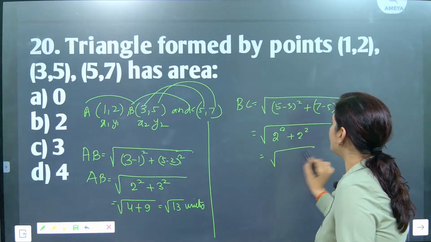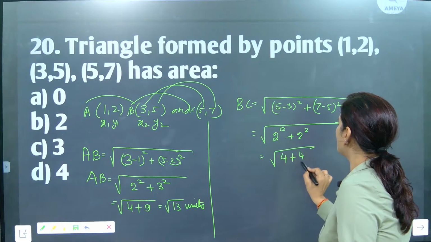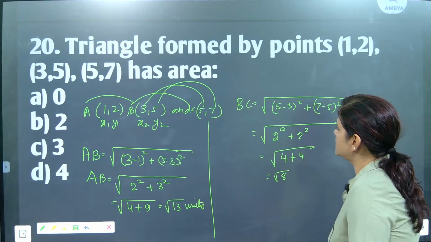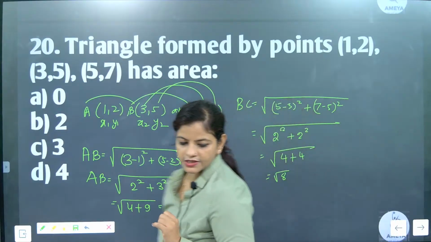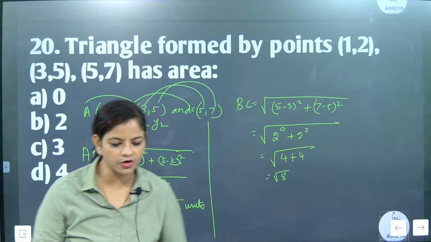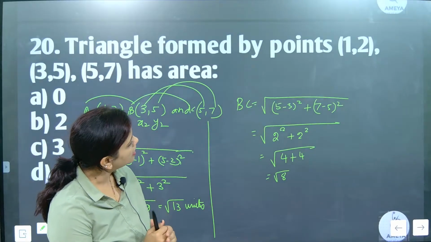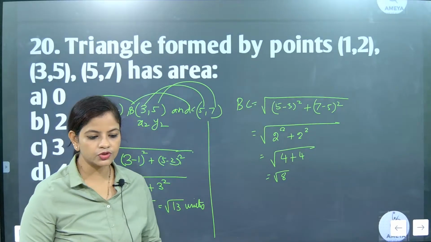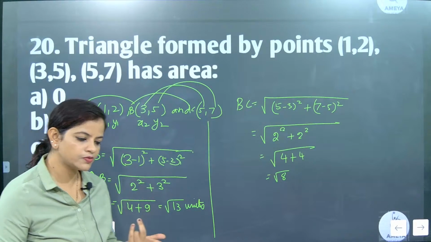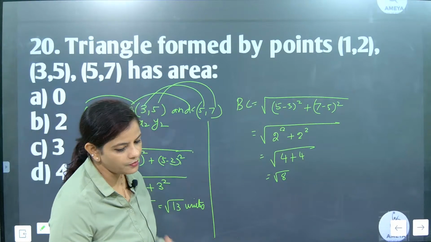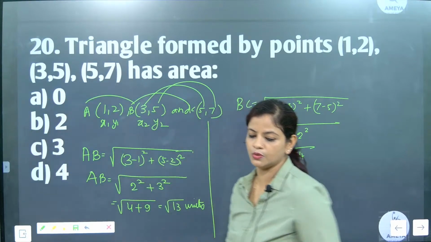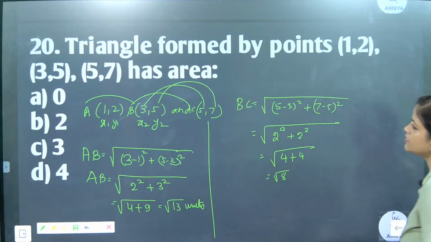How much will it become? 4 plus 4, root under 8. 2 square is 4, 4 plus 4 is 8, and root 8 is 2 root 2.